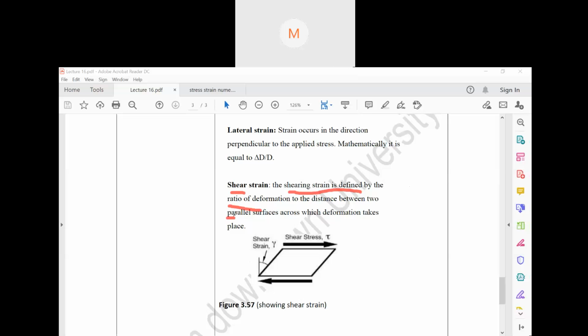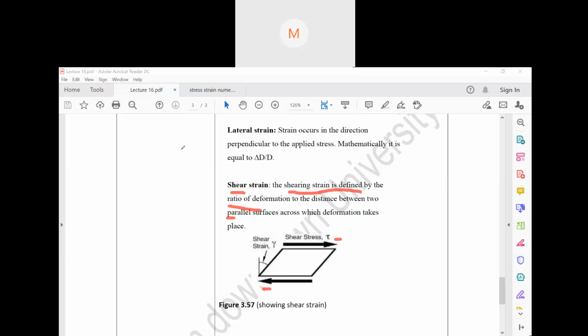Now, we got lateral strain and longitudinal strain, right? Now for shear, suppose the body is moving in this manner. Can you see the figure?